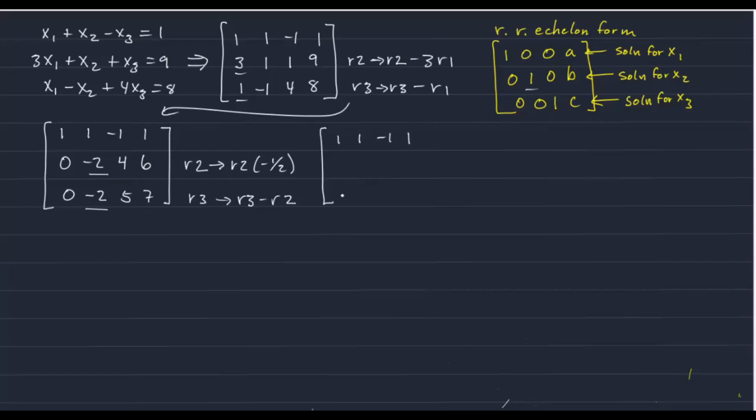I guess we'll just do that first for consistency, and we'll get 0. 2 minus minus 2 is 0, and then 5 minus 4 is 1, and a 7 minus 6 is 1. And then we'll divide row 2 by minus 1/2.